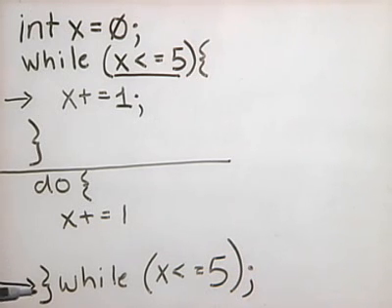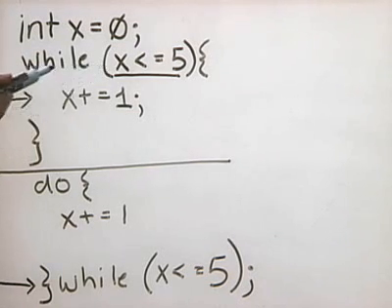In a do loop, it's guaranteed that your embedded statements will execute at least once. With a while loop, you can't make that guarantee because when you jump right into a while loop, the expression is evaluated at the very top. That really points out the difference between a do loop and a while loop.